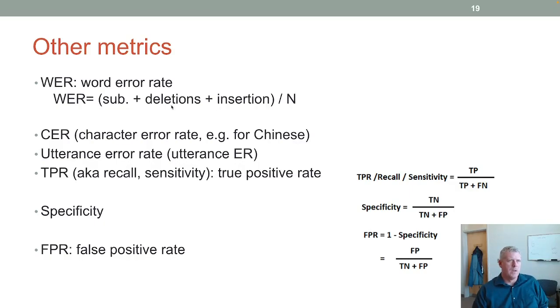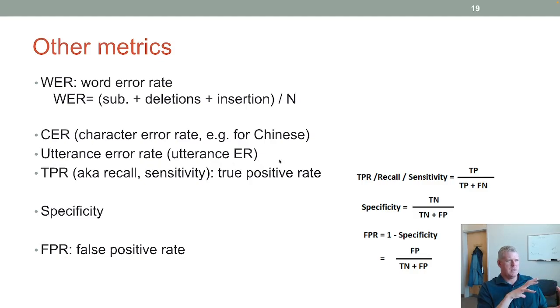But with some languages like Chinese, for example, having a character error rate is the way you have to do it, right? Because the word error rate implies that there are phonemes in the word that make up the word. But in Chinese and other languages, that may not be the case. So you have to look at a character error rate, or you can get an utterance error rate, just simply like the whole utterance.